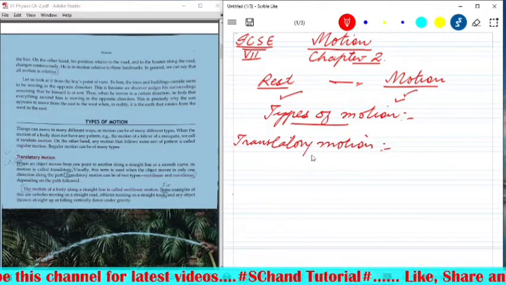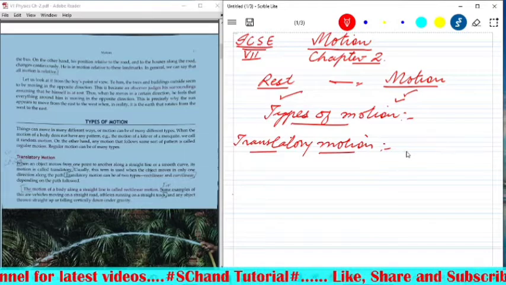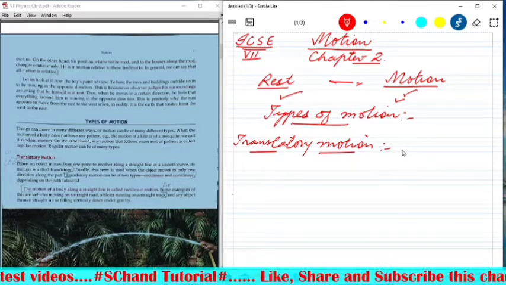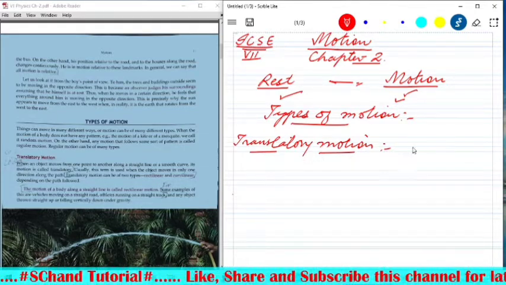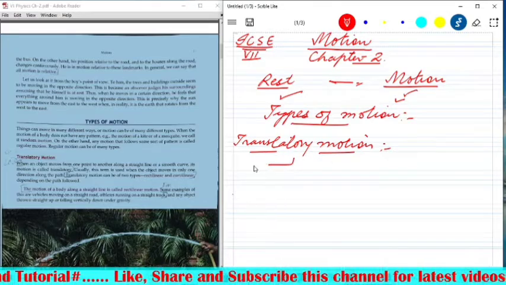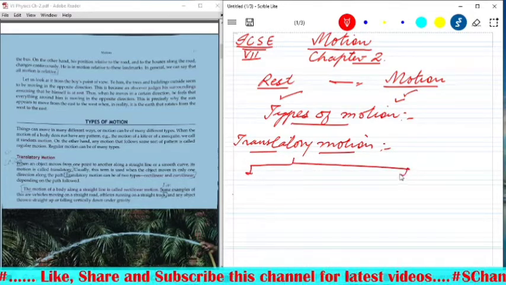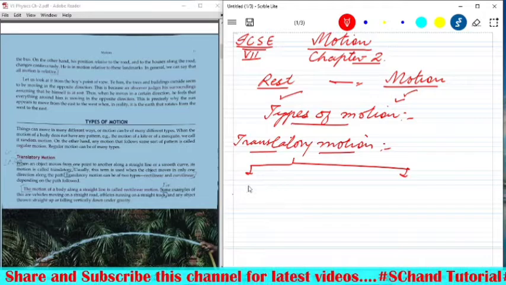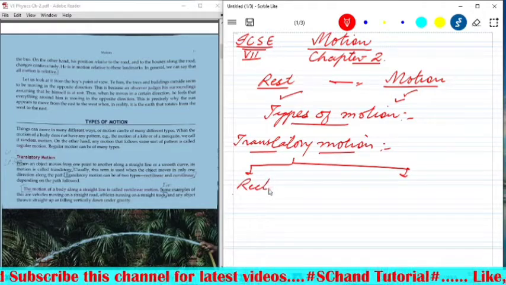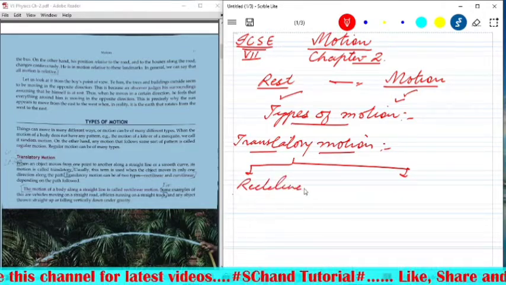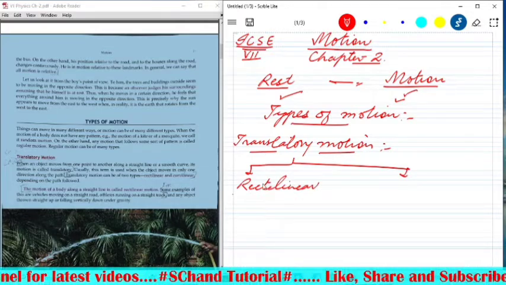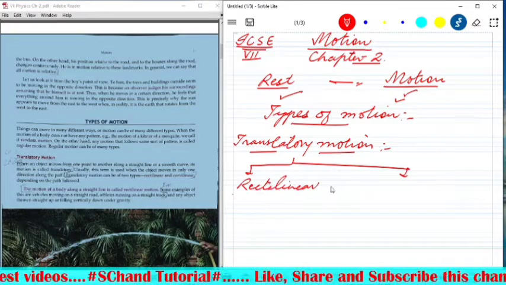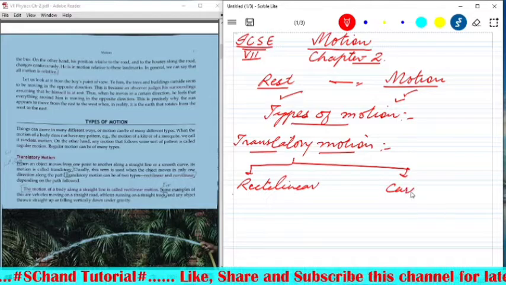Translatory motion is the motion of a body in a straight line or in a curve. Based on this, translatory motion is further divided into two categories: rectilinear and curvilinear.